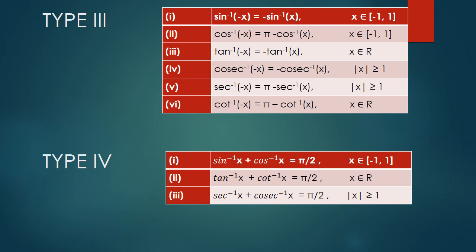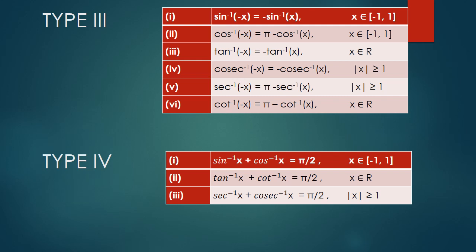Cosec inverse of minus x is equal to minus cosec inverse x. Sec inverse of minus x is equal to pi minus sec inverse x. Cot inverse of minus x is equal to pi minus cot inverse x.